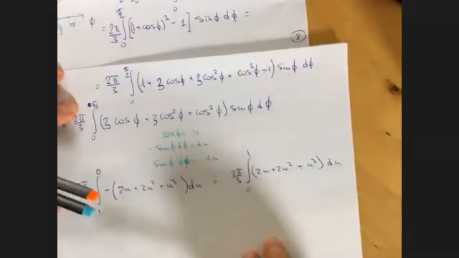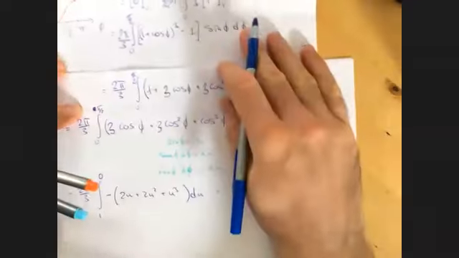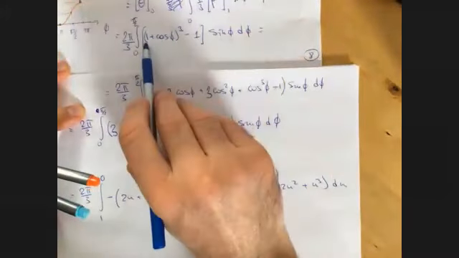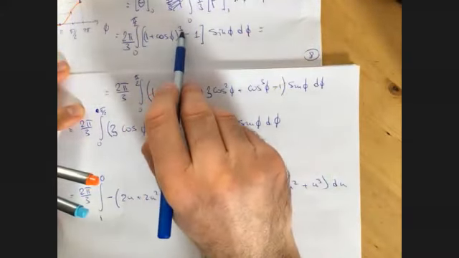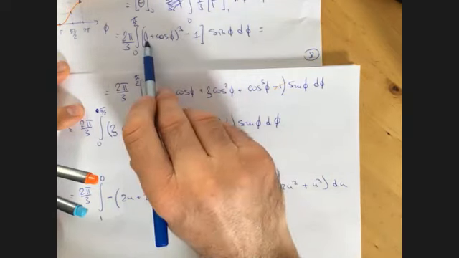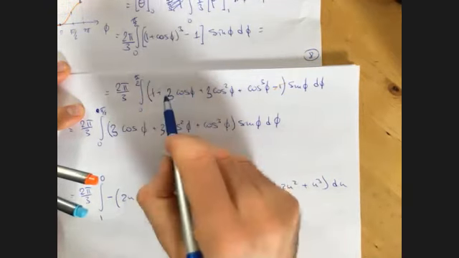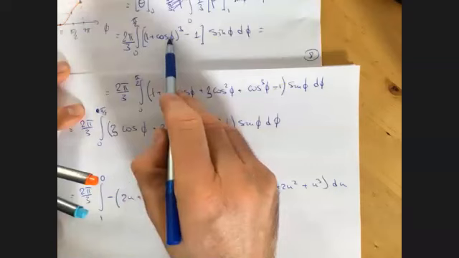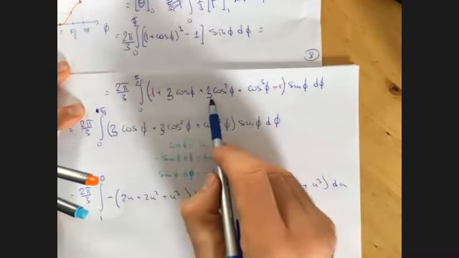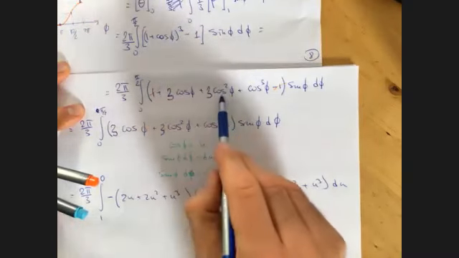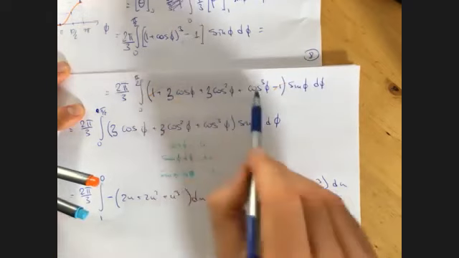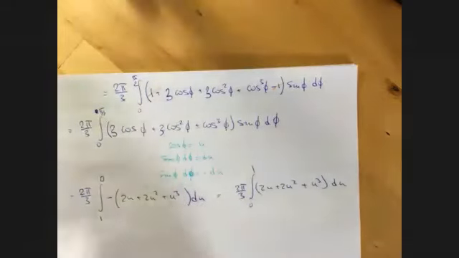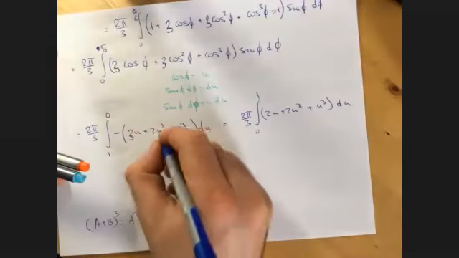So when I expanded this 1 plus cosine phi cubed, it's 1 cubed plus 3 times 1 squared times cosine plus 3 times 1 times cosine squared plus cosine cubed. Okay, now it's correct. So I have here 3 and here 3.